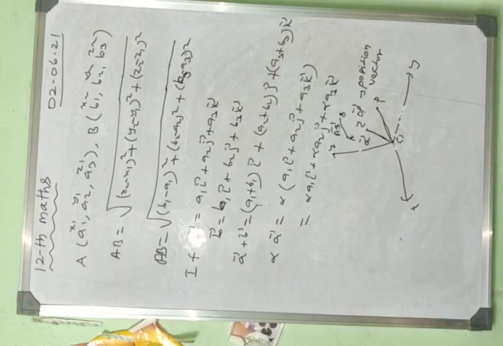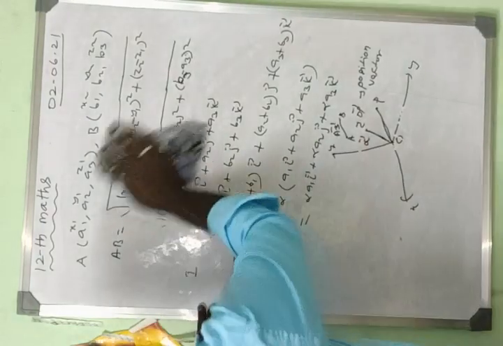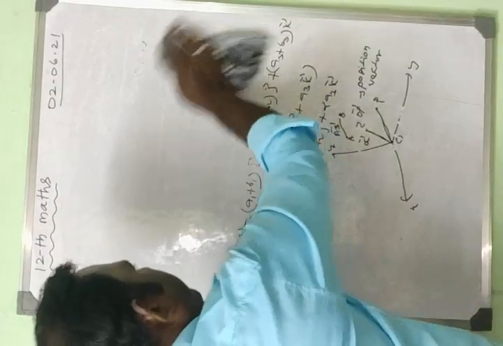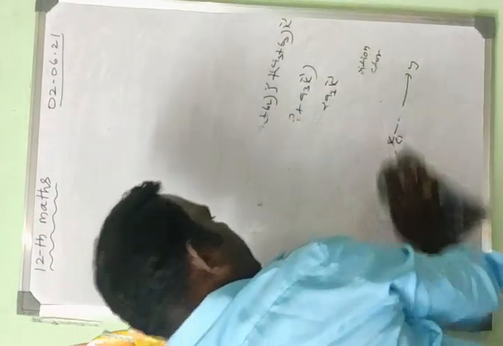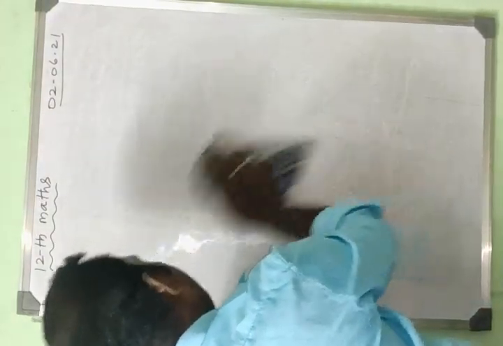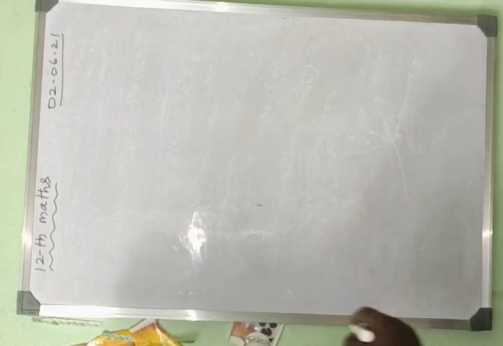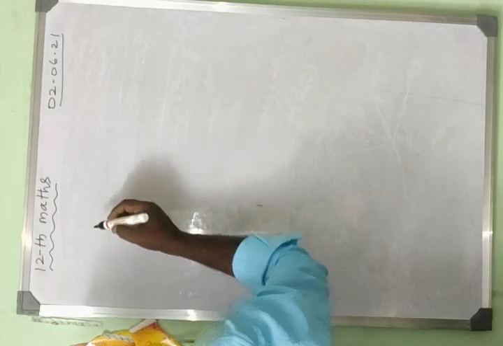Okay, next. Definition. Listen here. Next we take the scalar product and the vector product.